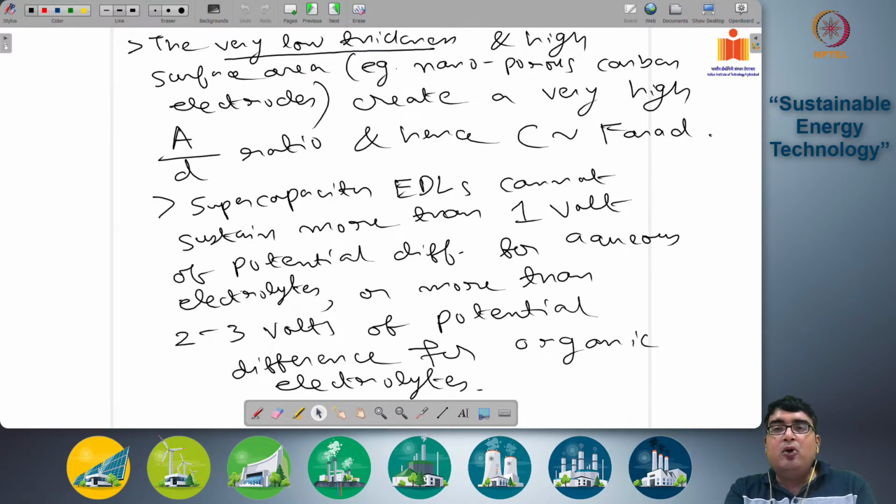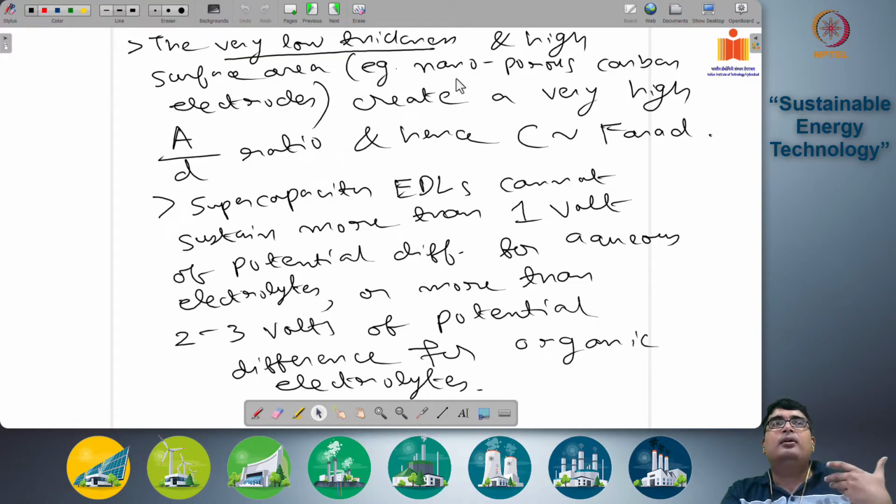So the very low thickness and high surface area, for example nanoporous carbon electrodes. Typically a porous electrode material is used on which the solvent electrolyte can be adsorbed. Because it's a porous electrode like nanoporous carbon, you have a lot of surface roughness. Because of the porosity, the net surface area over which the solvent molecules are adsorbed is quite large.